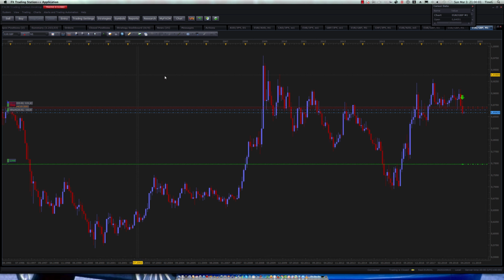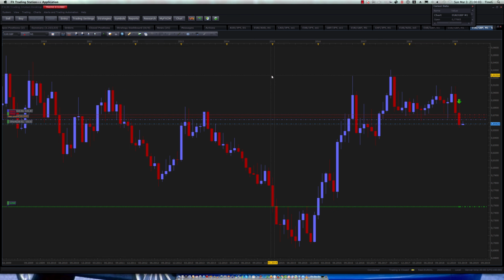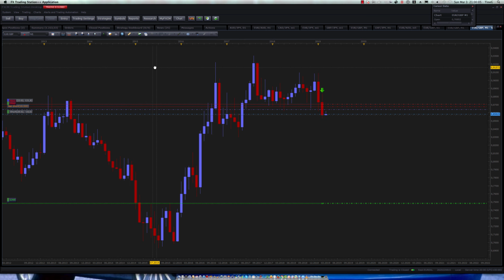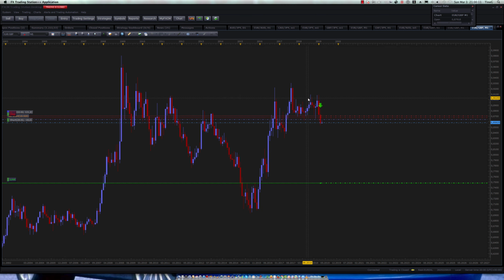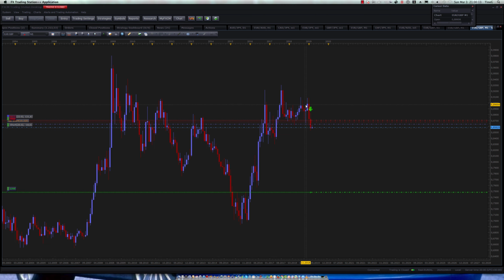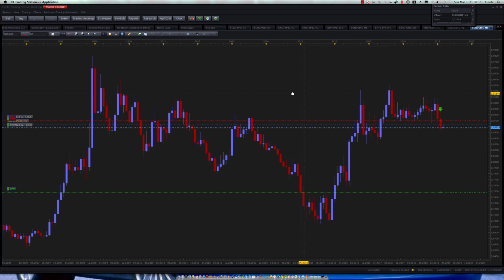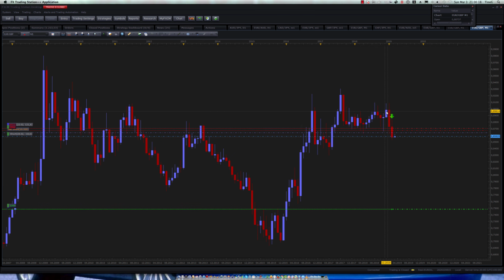So the reason why I saw a trade opportunity on Euro Pound is because, I think it was sometime here in December, in this area.